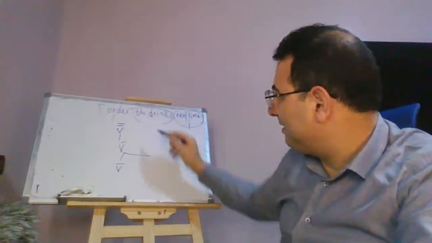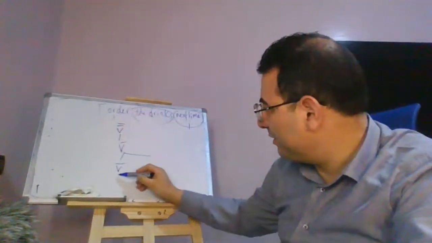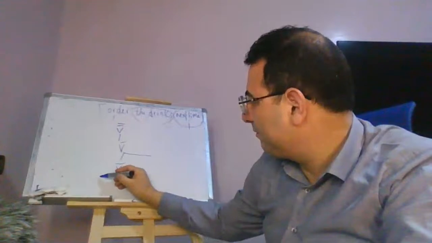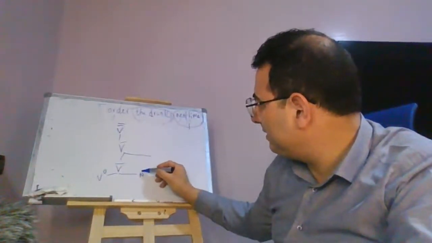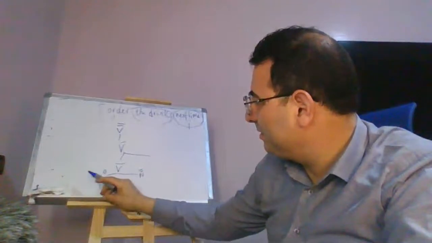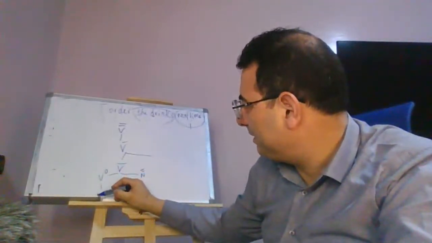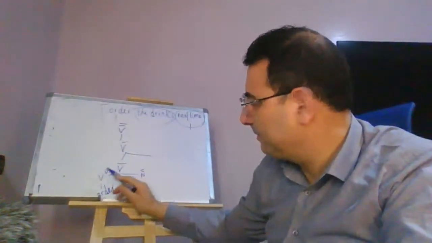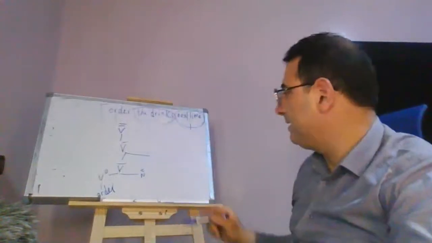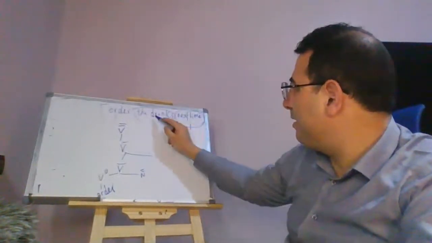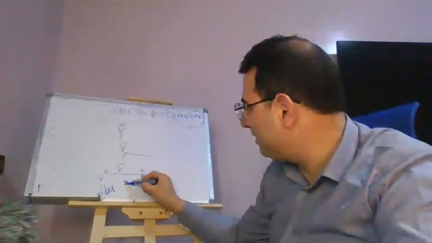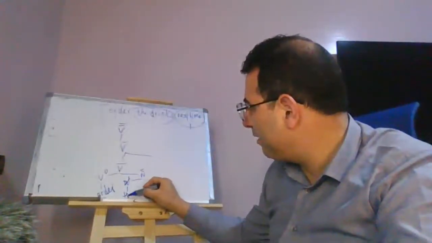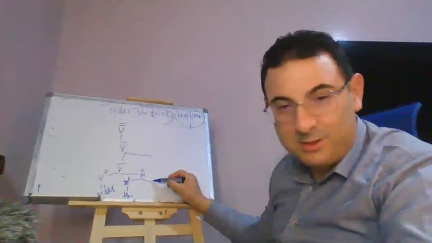V0, sorry, V0 order, and then the drinks, it's an N double bar. And then you have the drinks. So the specifier, what we now call the determiner, the drinks.